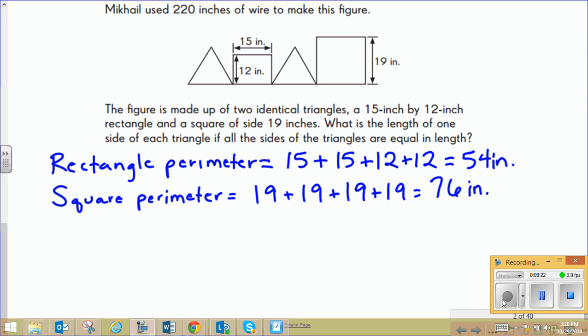The other piece of information that's given to us is that Mikhail used 220 inches of wire to make the entire figure. So in order for us to find how much wire is left over after making the rectangle and the square, we need to subtract that from the total.